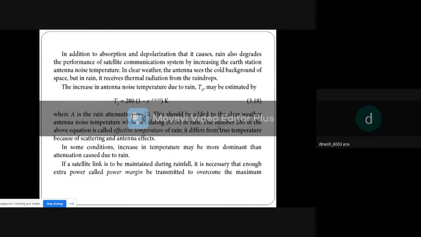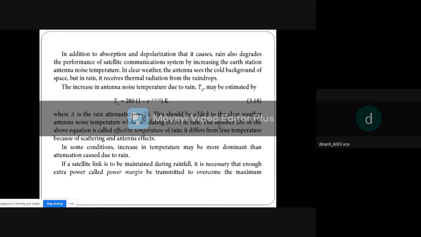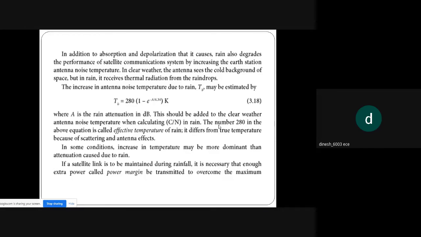In addition to the absorption and depolarization that it causes, rain also degrades the performance of satellite communication systems by increasing the Earth station antenna noise temperature.